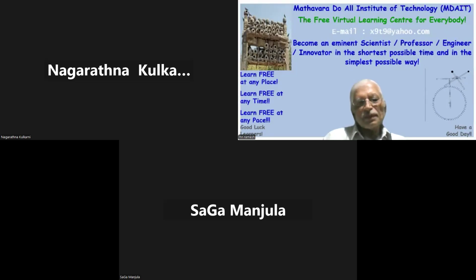And every student is my teacher, because each one will give different ideas, different questions may come, different thinking. So we have to find different new examples, work exercises, and the procedures you have to follow. That means from where to start, what sequence to go, so that we can become experts in the shortest possible time and in the simplest possible way.